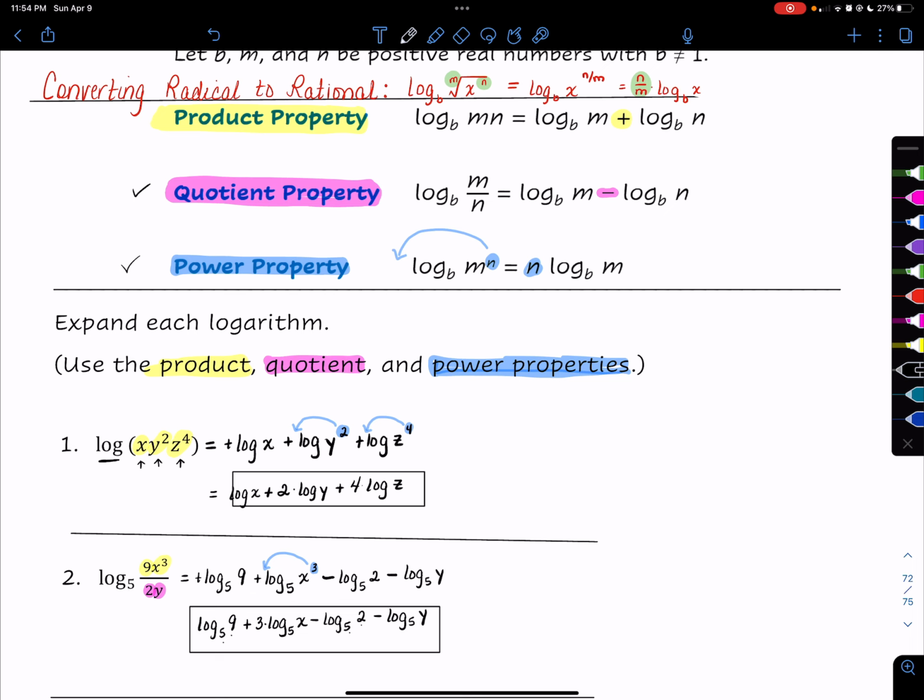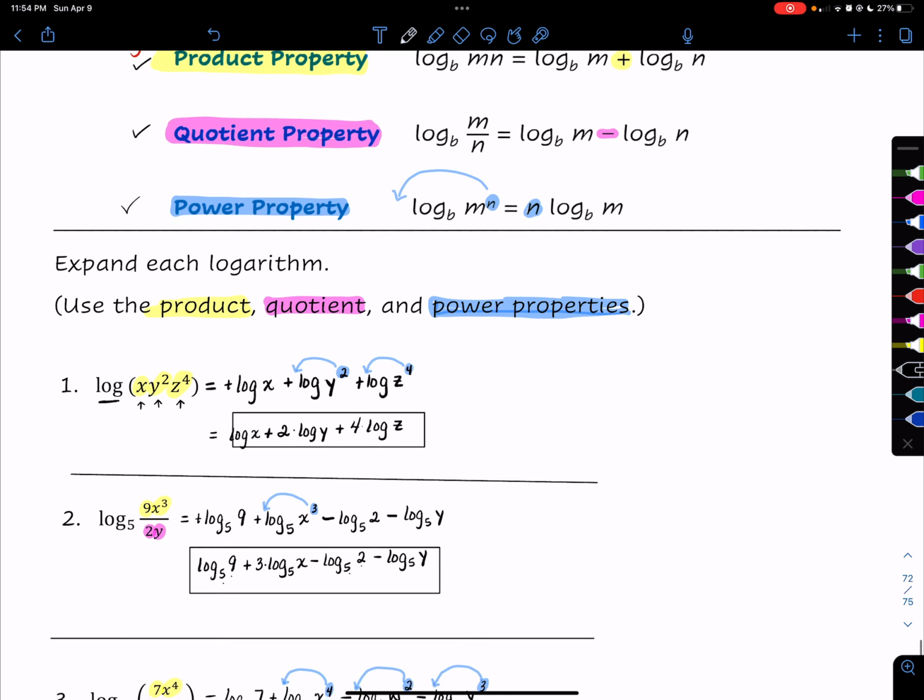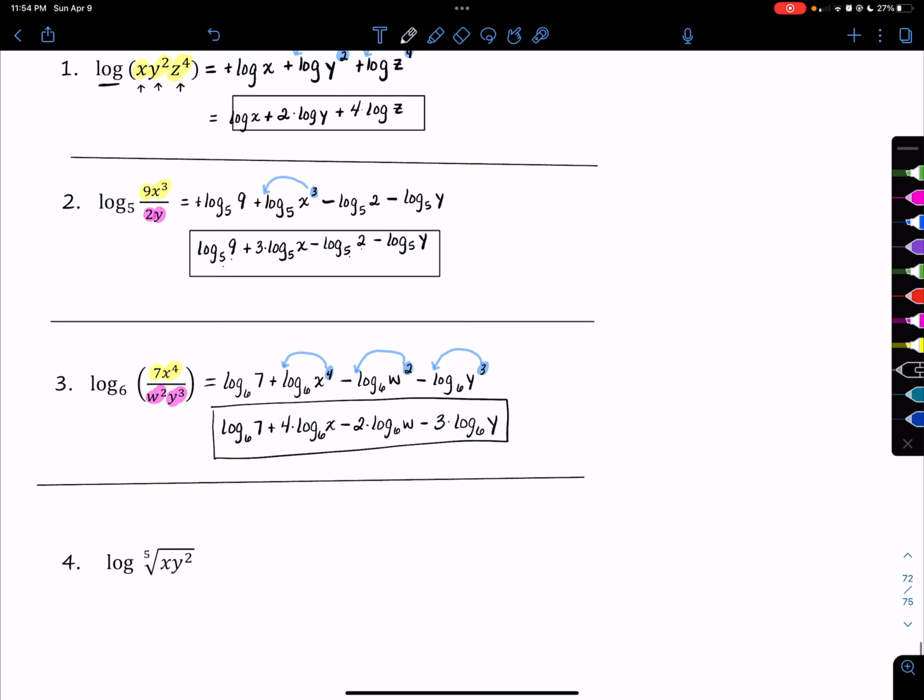And if there was not quotient property, I skipped over that and said, is there any product property? Okay, so I went here, power, quotient, product. And then now we're also including converting radical to rationals.